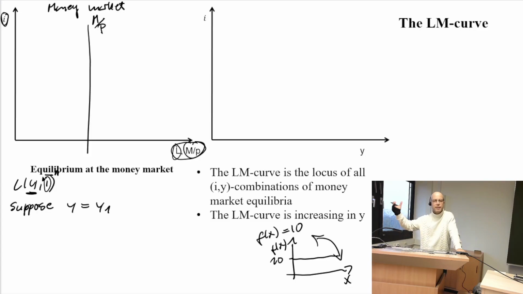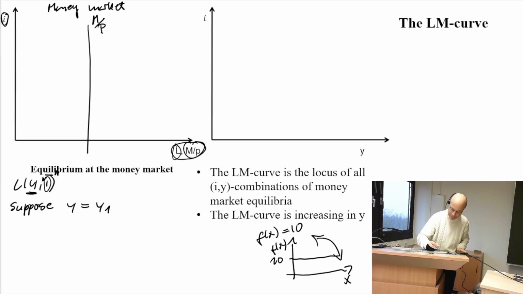So if we have a function which is negatively dependent on a variable, then this function is monotonically increasing or decreasing.